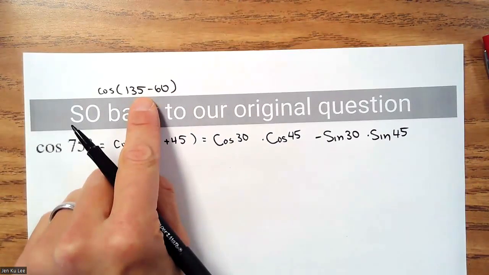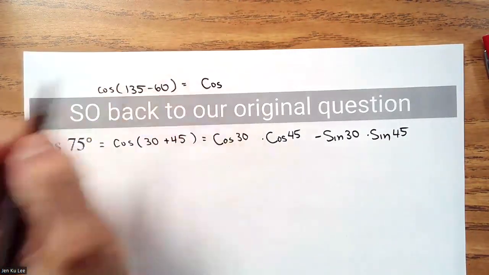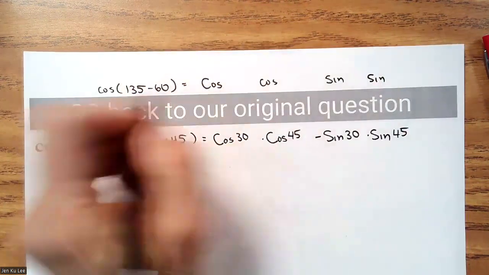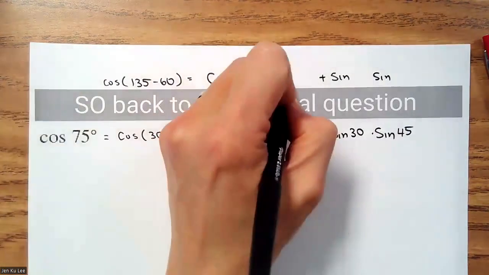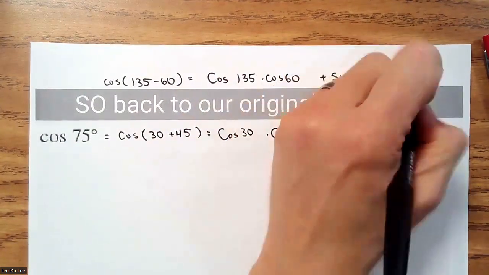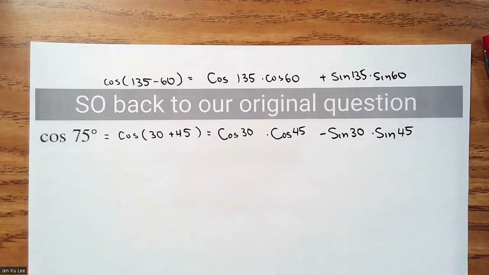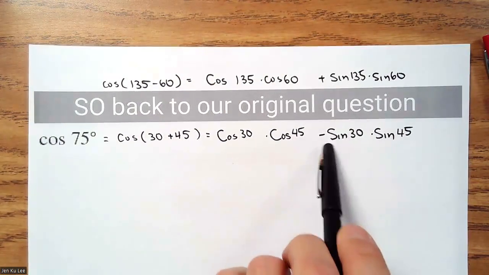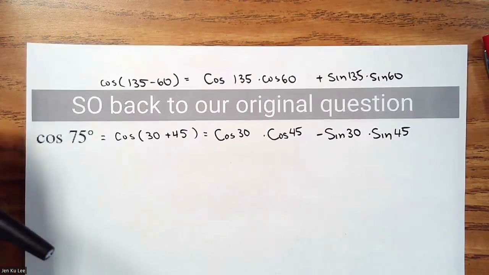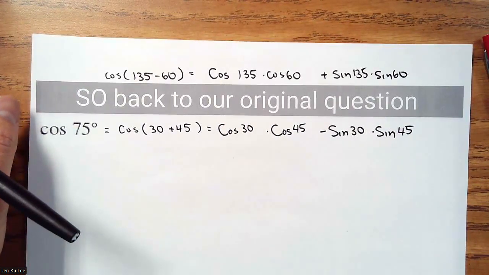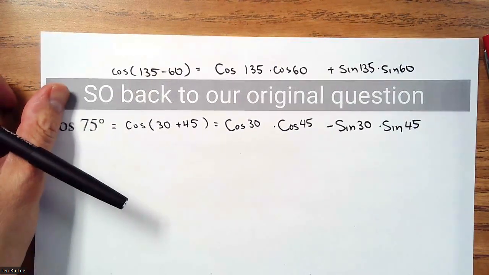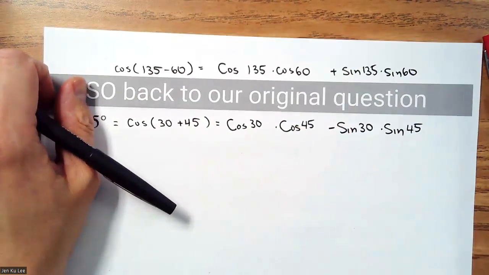If it was this one, I would go cosine, cosine, sine, sine, minus, this is going to be a plus, 135 times 60, 135 times, and then 60. Right? So both of these work. Notice the difference. This is a plus and this is a minus, and they'll offset each other. Okay, somehow, somewhere they will offset, and we will end up getting the same answer. Okay, so I'm going to be working with this one.